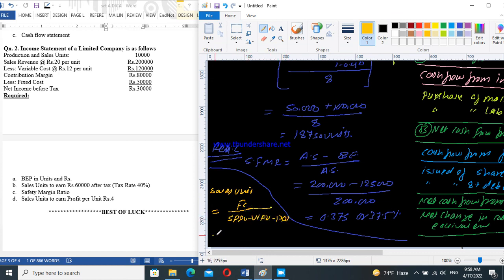Okay, now FC is 50,000, SPPU 20 minus 12 minus PPU which is 4. Therefore 50,000 divided by 4 is equal to 12,500 units. Okay, that's all. This section is completed.